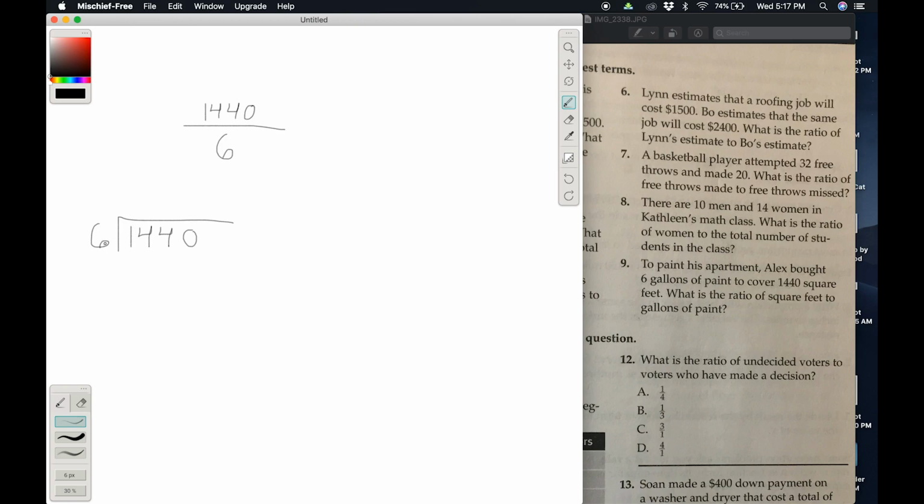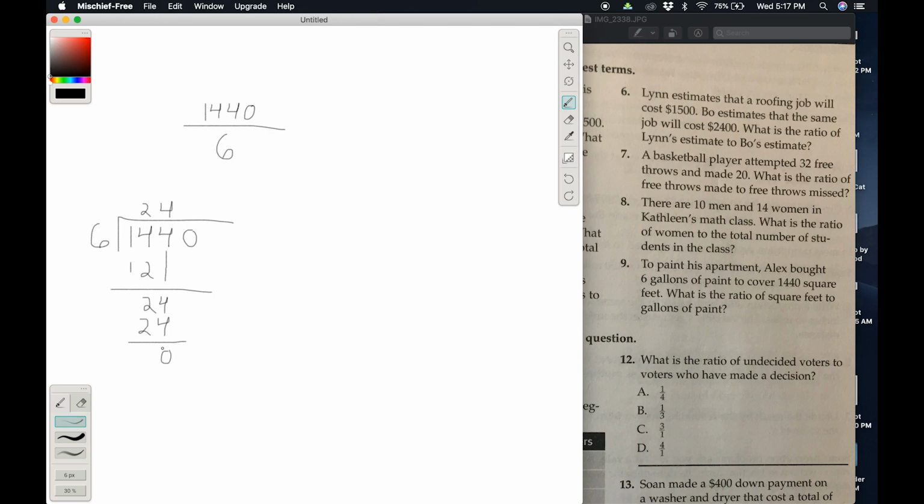6 goes into 14 two times. 2 times 6 is 12. 14 minus 12 is 2. 6 goes into 2? No, it doesn't. So bring down the 4, which is right here. 6 goes into 24 4 times. 4 times 6 is 24, so that's 0.